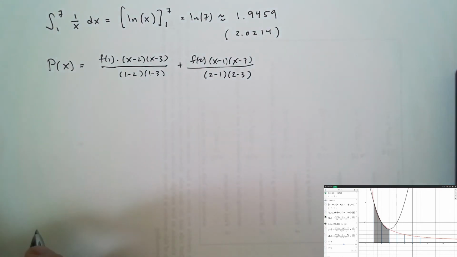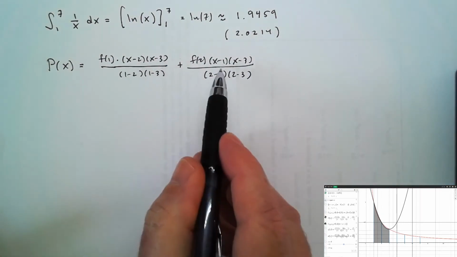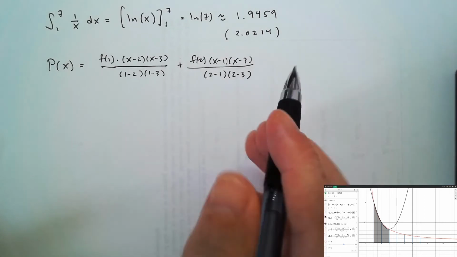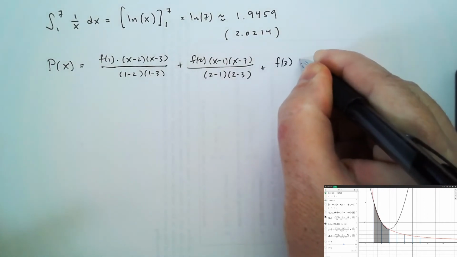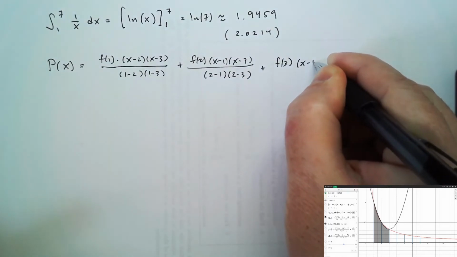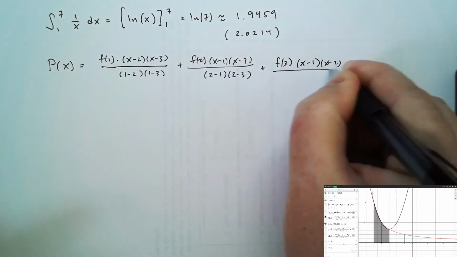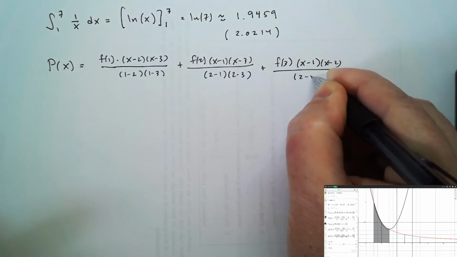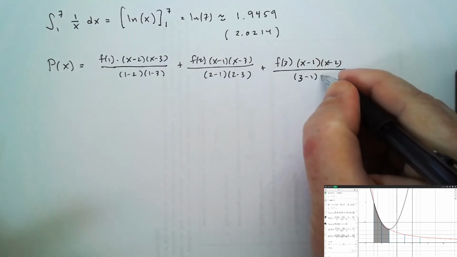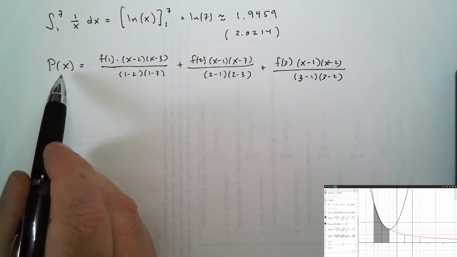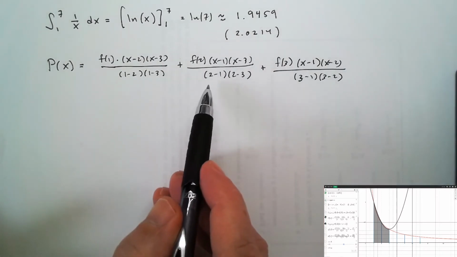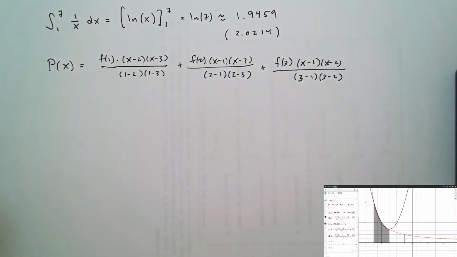So now when we plug in 2, here we get 0, and here things cancel and we get f of 2, and then we add on f of 3 times x minus 1 times x minus 2, all divided by 3 minus 1 times 3 minus 2. So this function will pass through 1 comma f of 1, 2 comma f of 2, 3 comma f of 3. This polynomial is called a Lagrange interpolation.